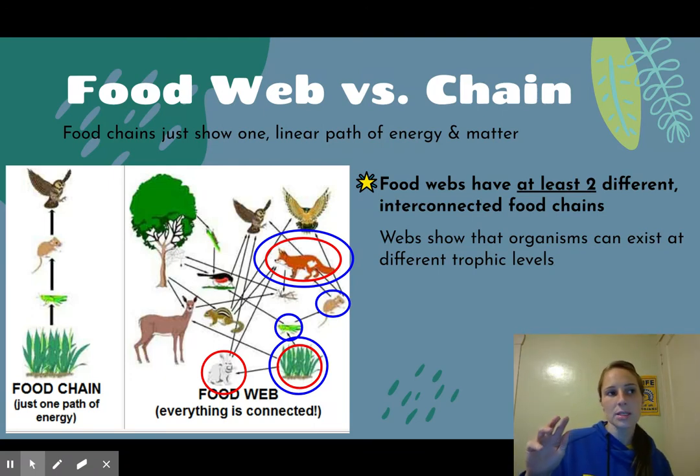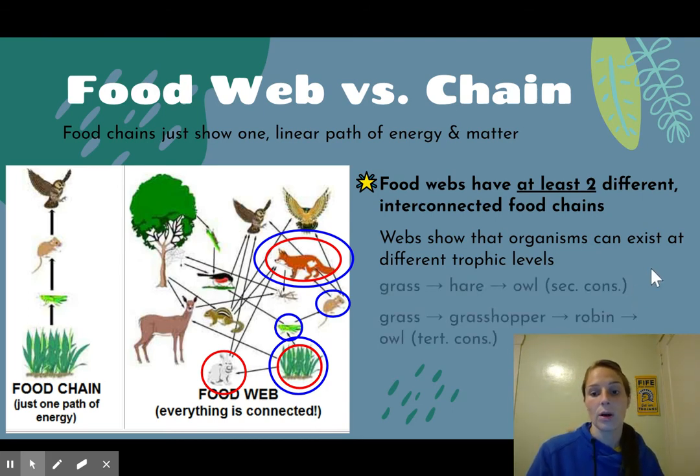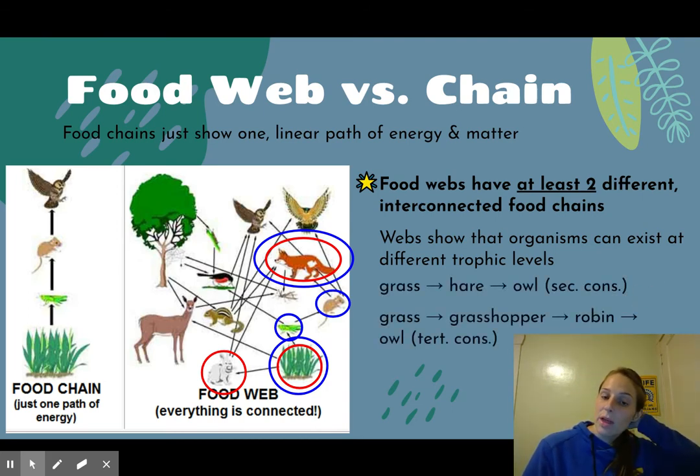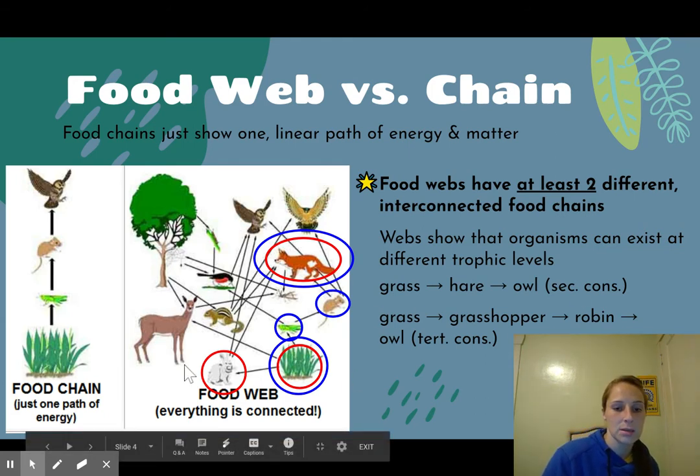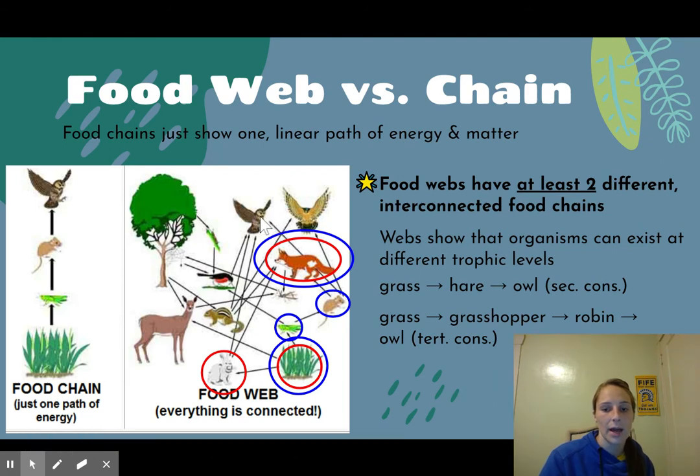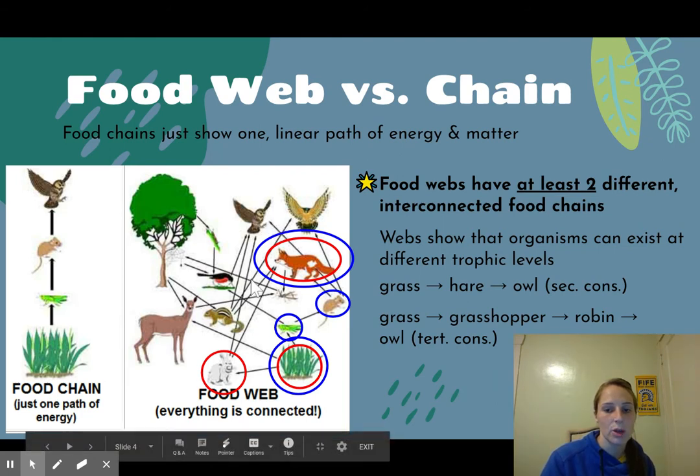You can have an organism that can be a primary consumer, but also could be a different level as well. So we can see that with food webs. So an example here is if you look at the grass to the hare to the owl, that you are going to see the secondary.